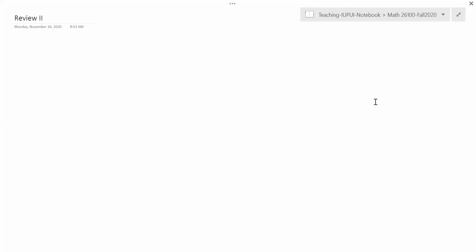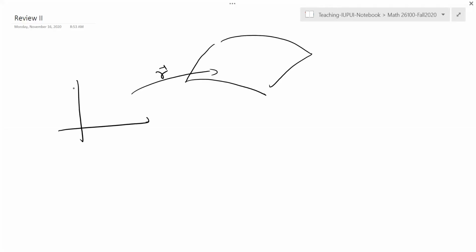Now I'm going to talk about the surface integral. Given a surface, and a function on the surface, but this surface is covered by a domain in the two-dimensional coordinate plane.